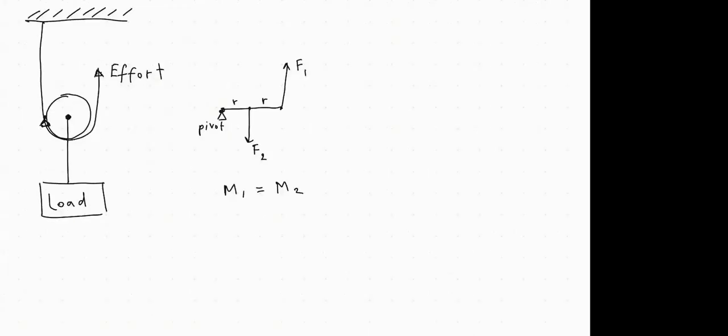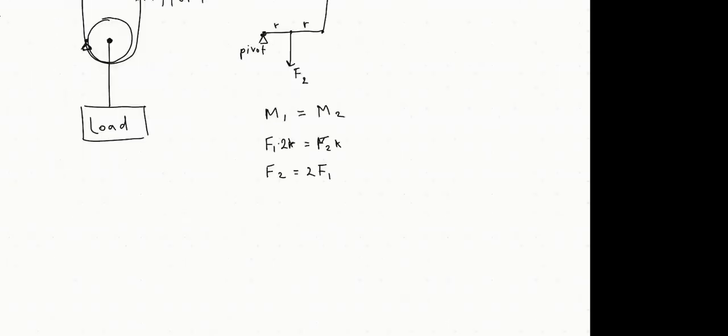The moment of the force F1 is F1 times 2r, because the distance to the pivot is 2r. And here, the moment is F2 times r. R cancels, and we see that F2 is twice the effort. So the load, in other words, is 2 times the effort.